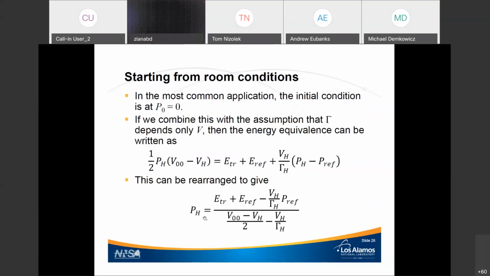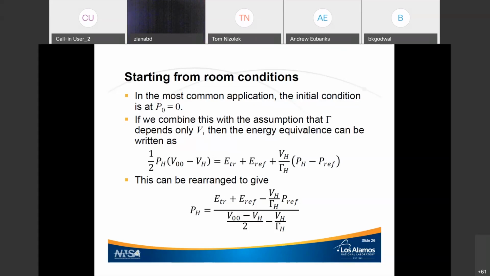So, the most common application for these calculations assumes that we're starting at room conditions, which, from the standpoint of a shock wave in a solid, we can just call the initial pressure 0. It is negligible in the calculations.